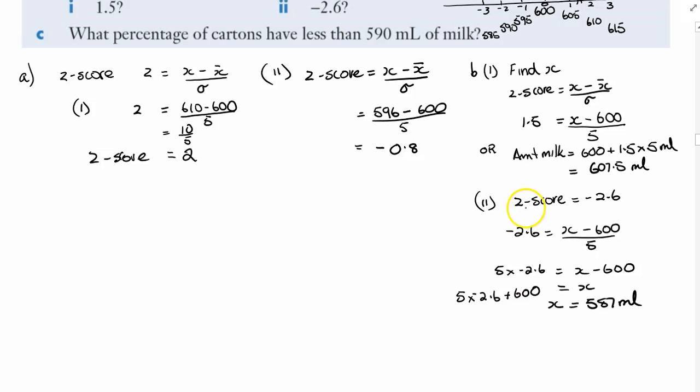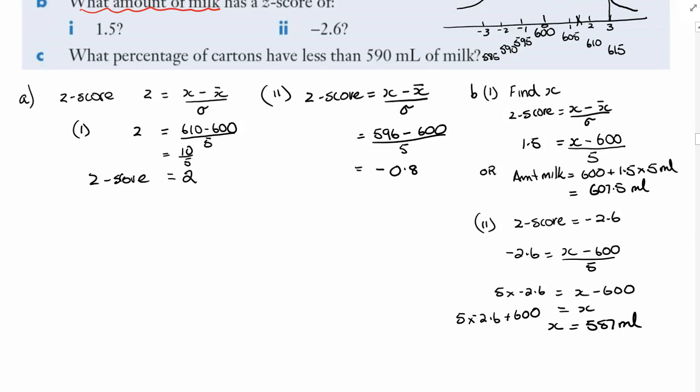So part 2 tells you you've got a Z-score of negative 2.6. So we're somewhere between -2 and -3. So we know that the answer should be somewhere between 585 and 590. In this solution, I've used the equation, and so I've put my Z-score of minus 2.6 in, used the equation, filled in the values I know, which are the mean and the standard deviation.